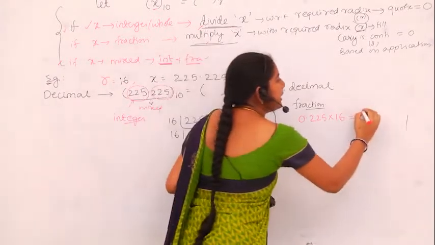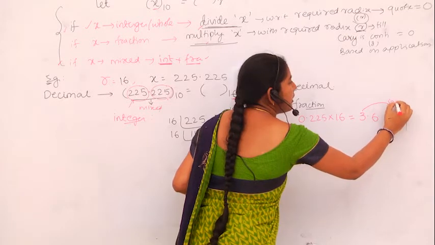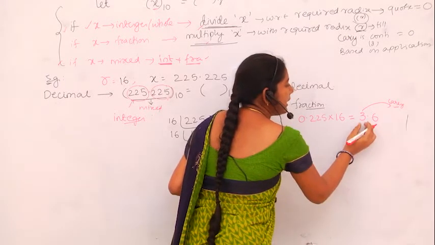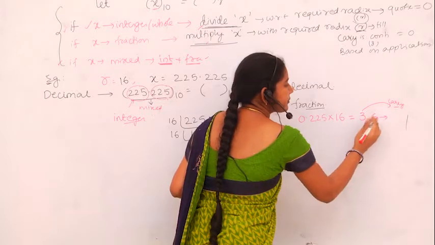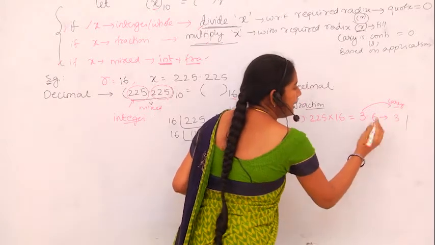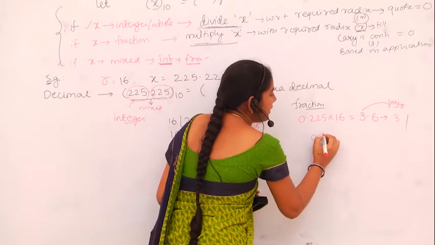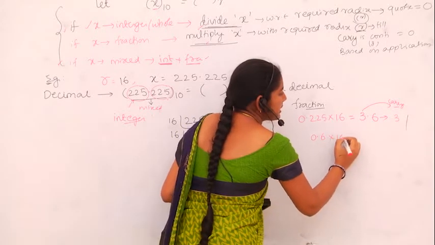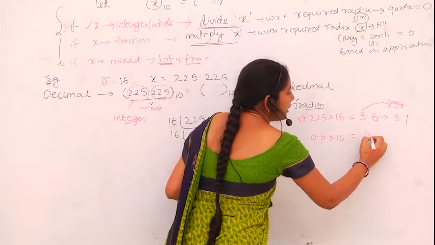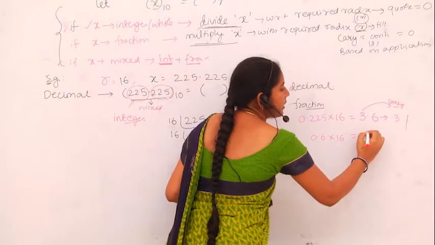In this, take the carry part, nothing but the integer, that is 3, and consider this fraction part to the next level, that is 0.6 into 16. We'll have 9.6.